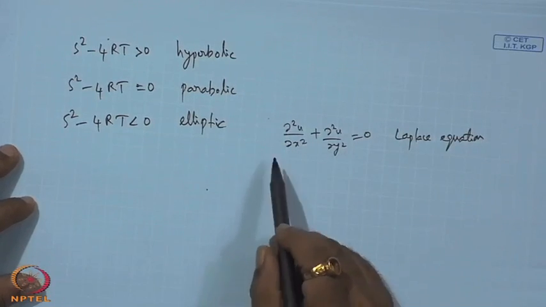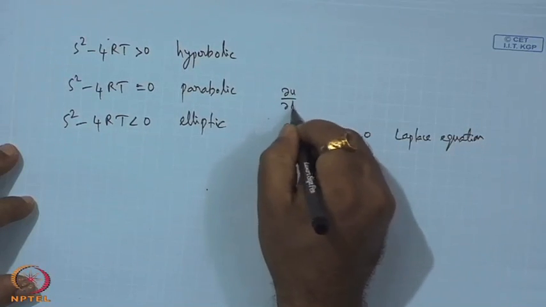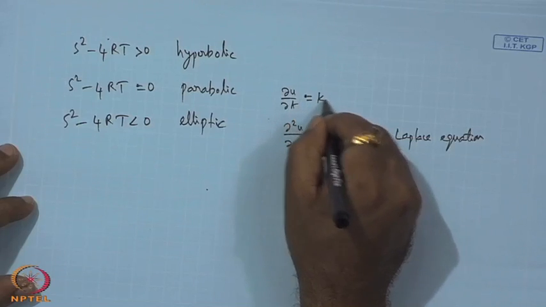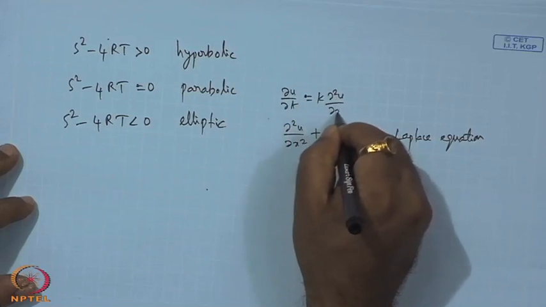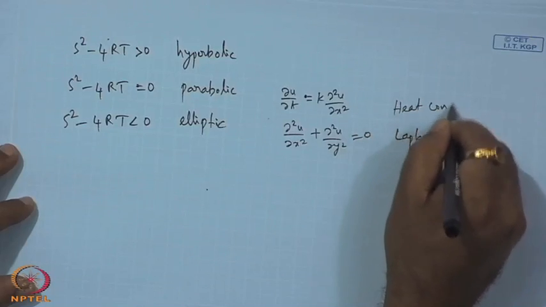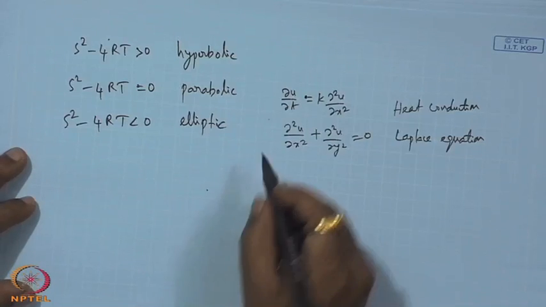So, it is elliptic. And this is heat conduction equation, of course one dimensional.